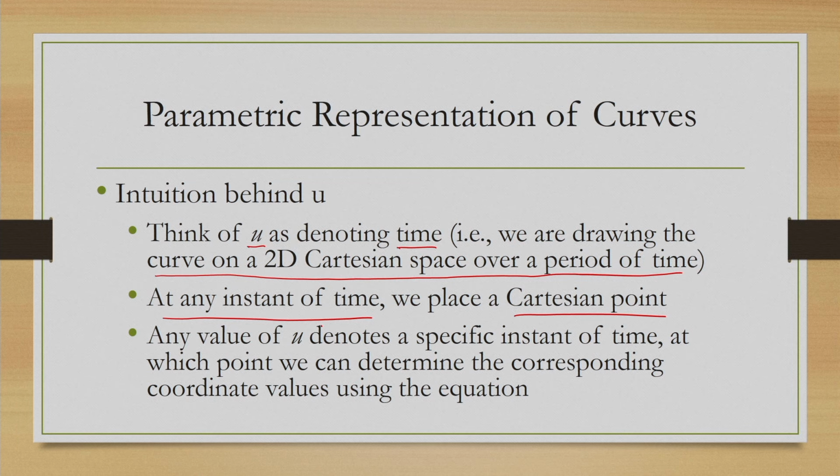In other words, the Cartesian point is characterized by the instant of time, which is u. So, essentially u denotes a specific instant of time at which point we can determine the corresponding coordinate values using the equation. This is the simple intuition behind the idea of parametric representation of a curve.